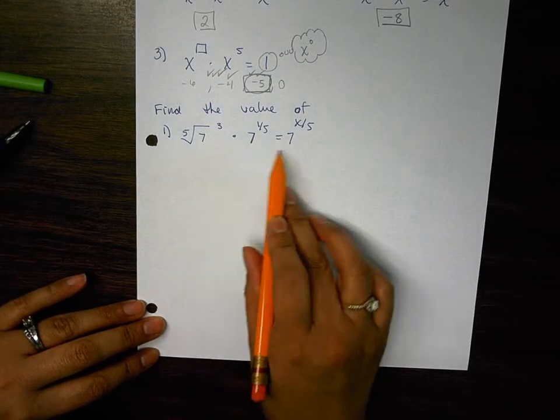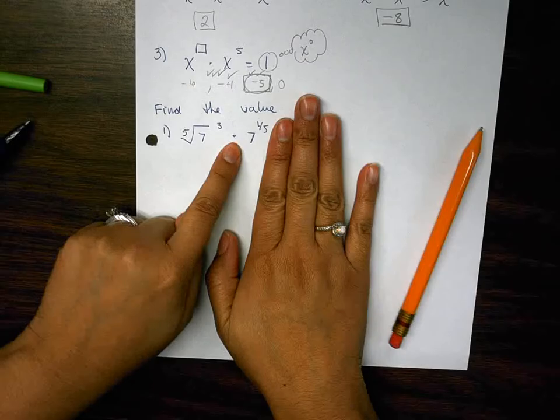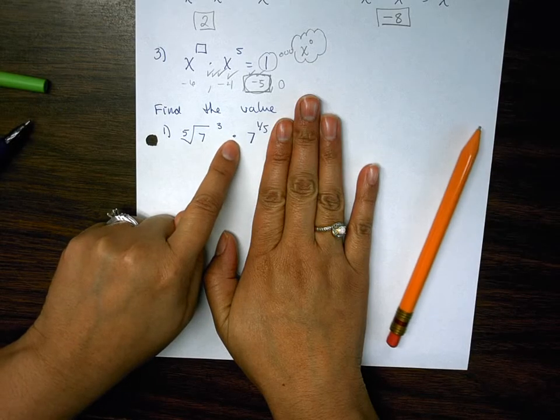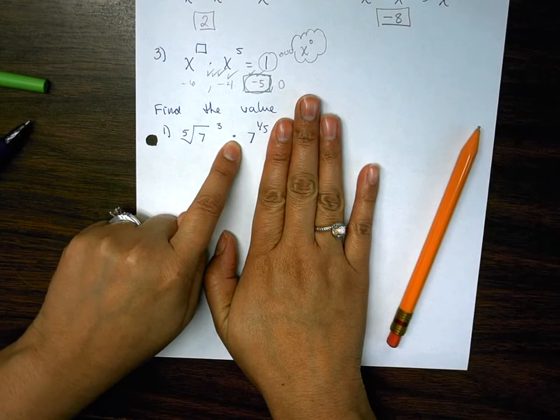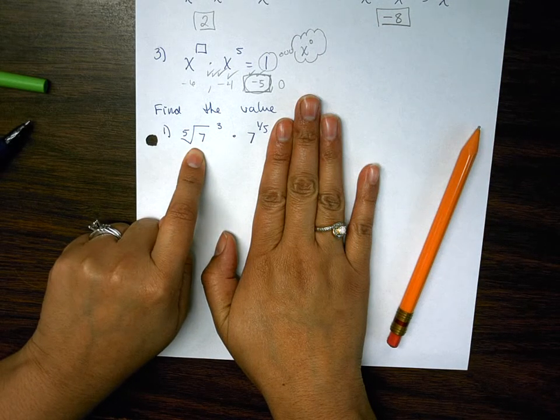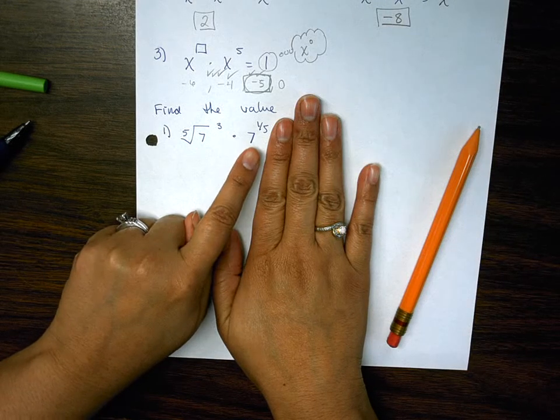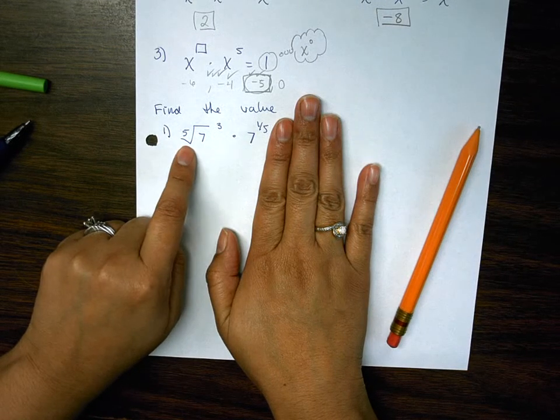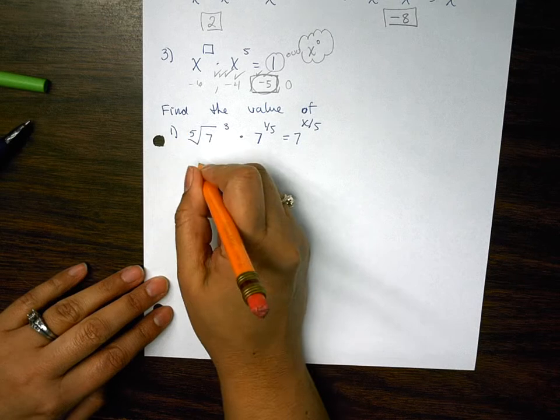First off, do they all have the same base? Yeah, 7, 7, and 7. I'm going to cover this side. This is multiplication. When multiplying like bases, I add the exponents. What will I have to do to this one first? It's already in radical form.